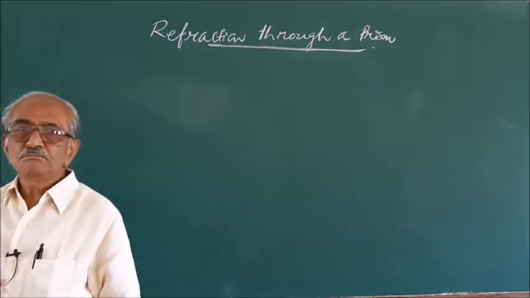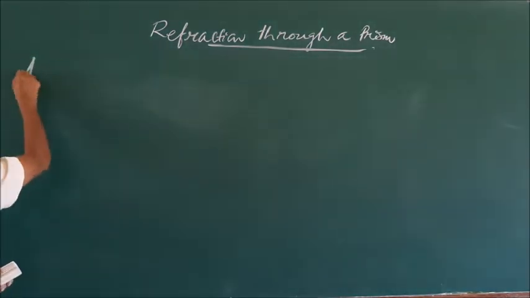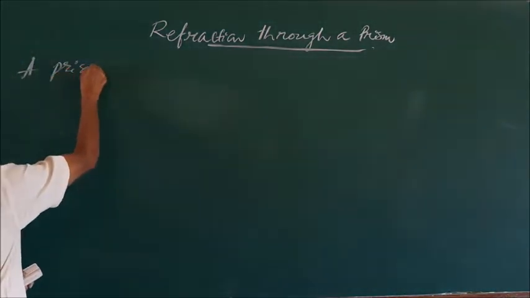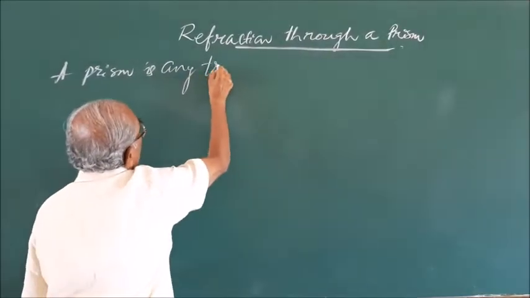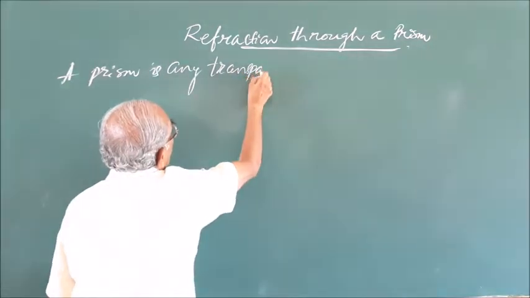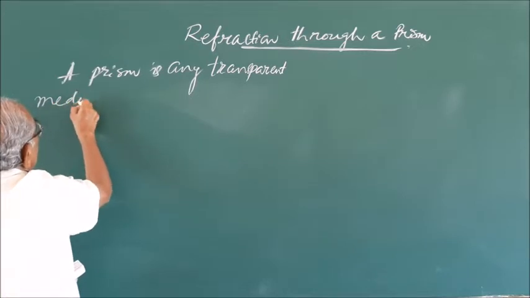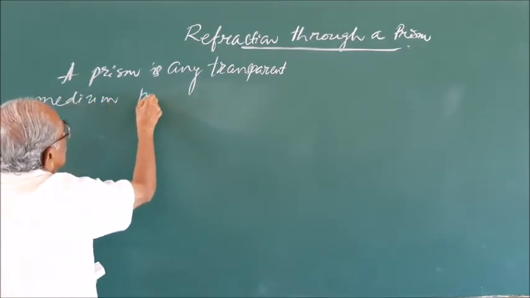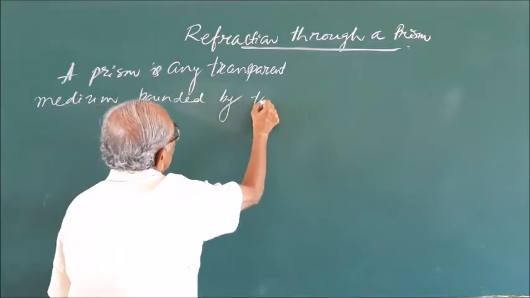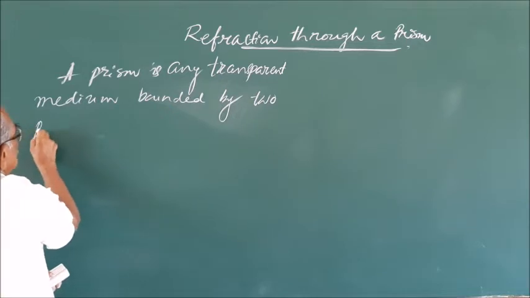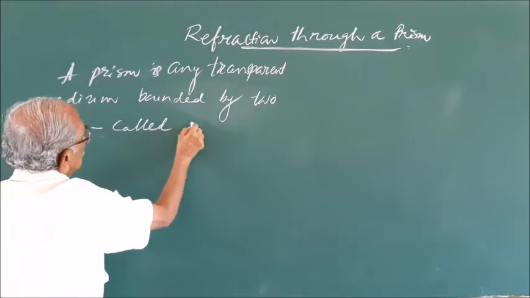So, a prism is any transparent medium bounded by two planes called refracting planes.